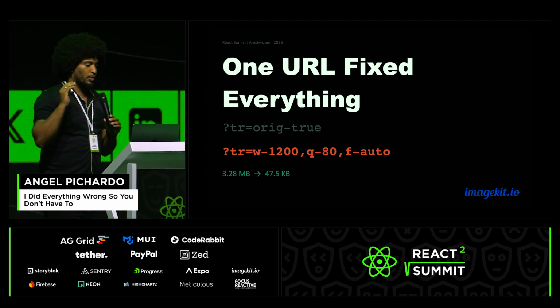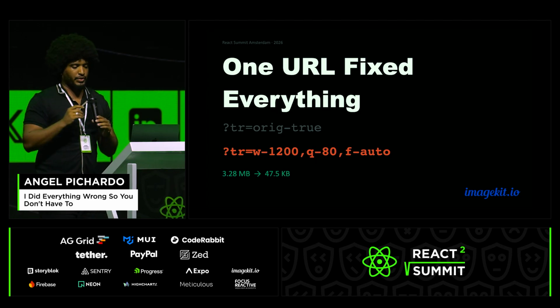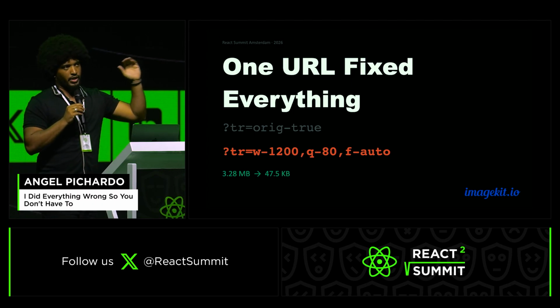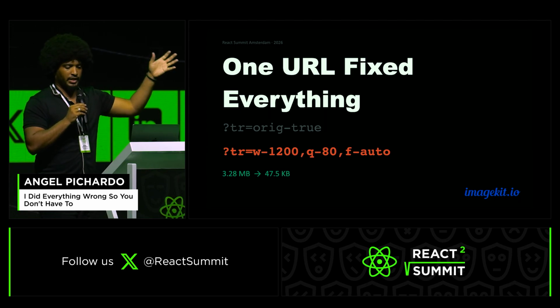ImageKit uses one URL to fix all the optimization issues. Our first URL is just a basic URL with the default image.